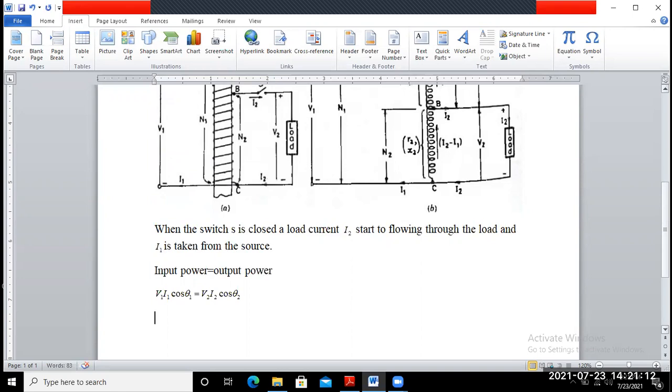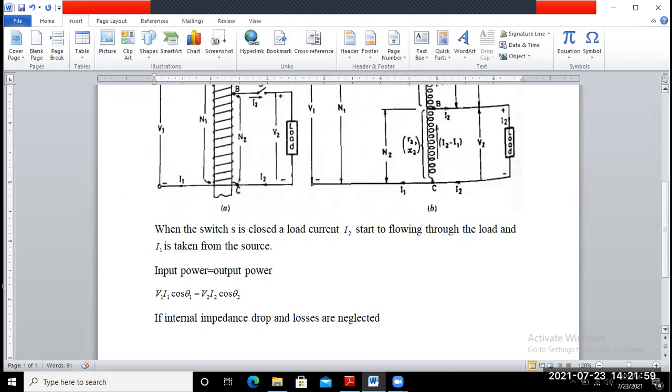So we can write cos theta 1 equals cos theta 2.